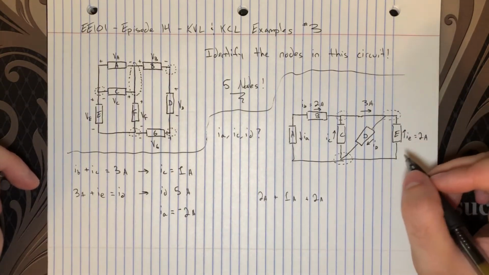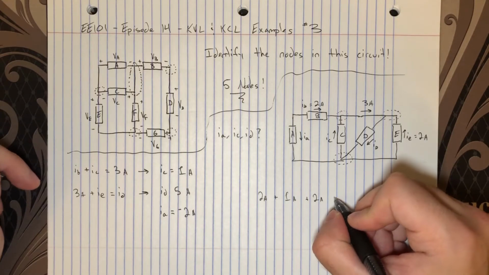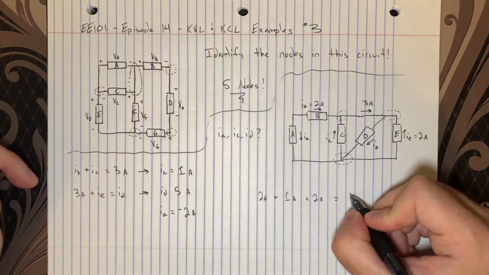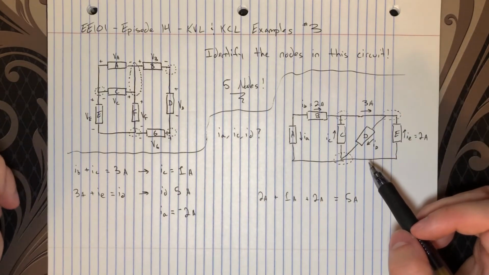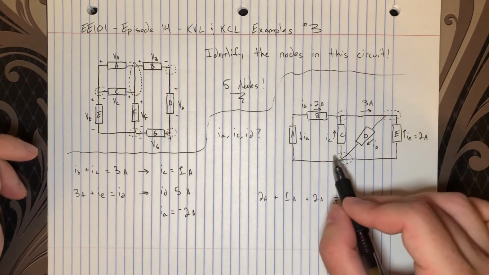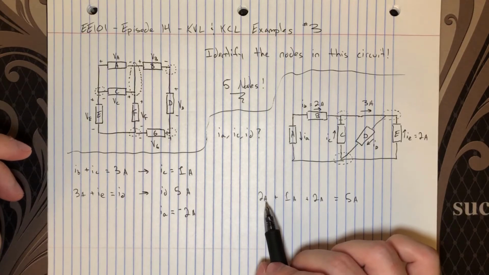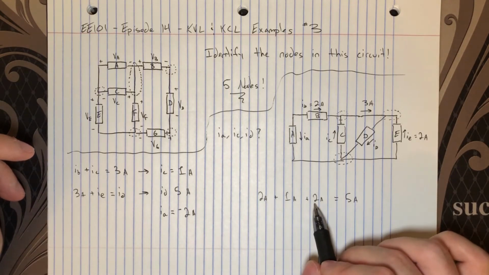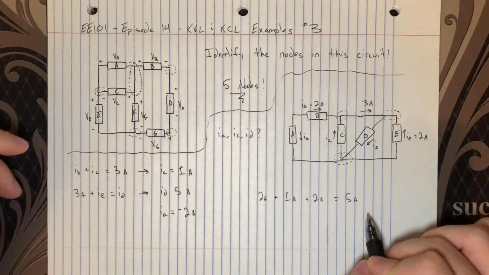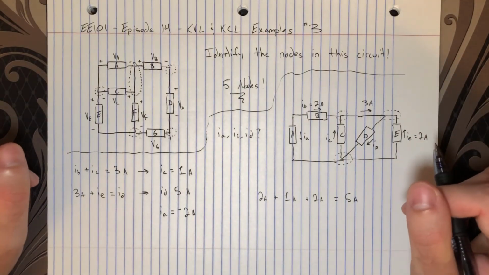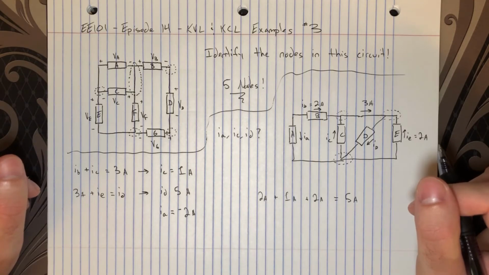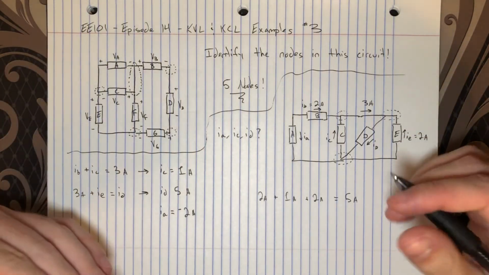And then it must equal the current entering, which is ID, and that's 5 amps. And you can see that what we've done is check our work with this KCL, and so this actually agrees. We have a total of 5 amps leaving and a total of 5 amps entering. So that actually works out, and that gives us just a little bit more confidence that we've made the right calculations up to this point.